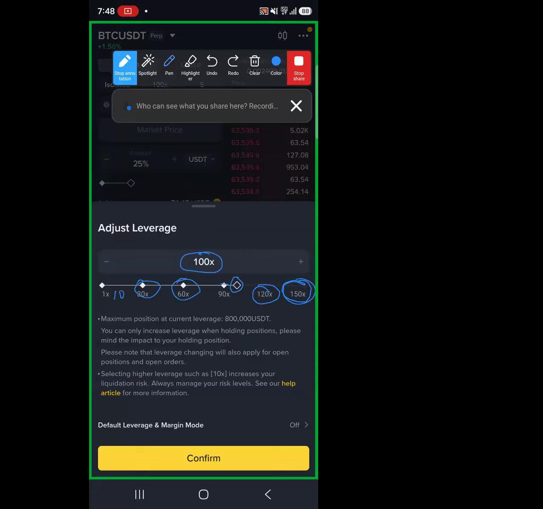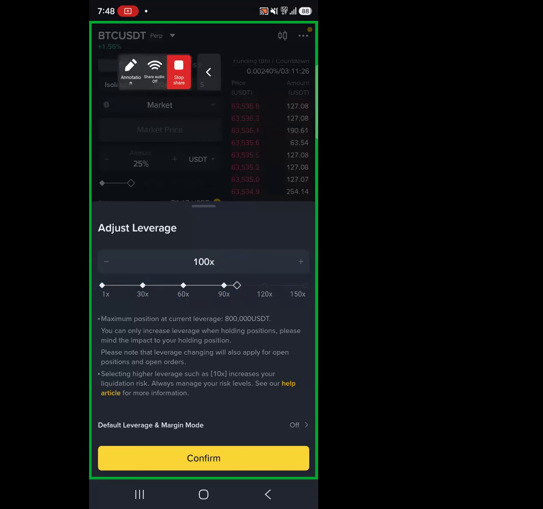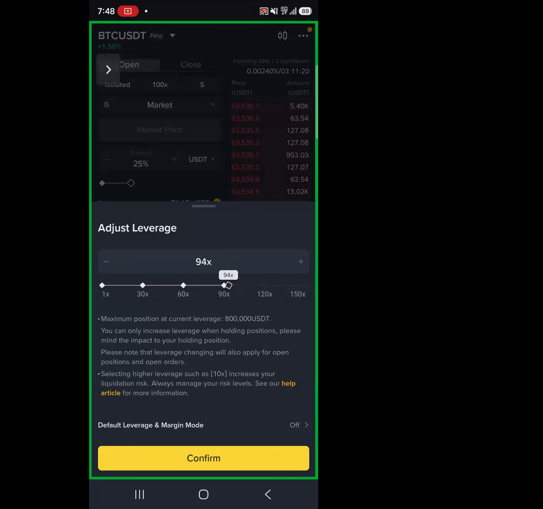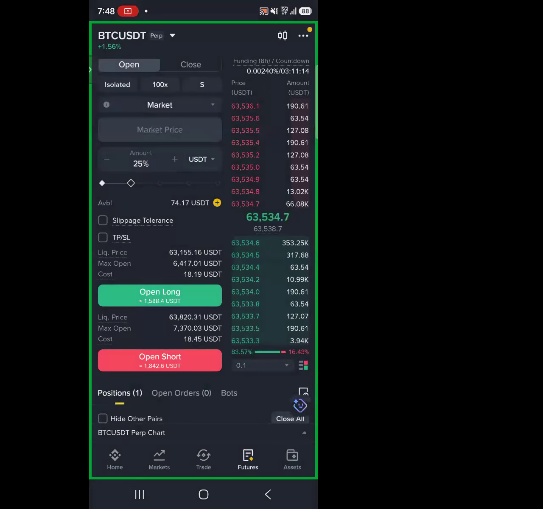You just keep on dragging like this. You can just adjust it like this. See that? To the leverage you want, then you confirm. Now, that is the leverage.